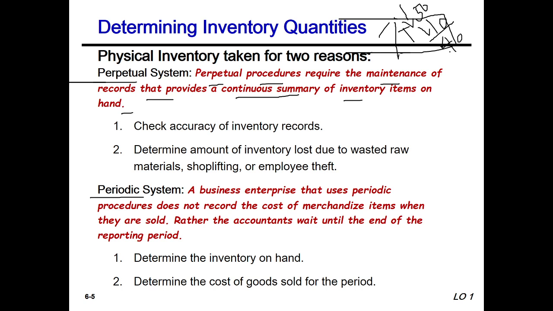So on a daily basis we count the inventory. Suppose these 50 televisions, and on the first working day we sold 2 televisions. So in our hand we have 48 televisions here. Okay. On the second working day we sold 3 televisions. So we have 45 televisions in our hand.